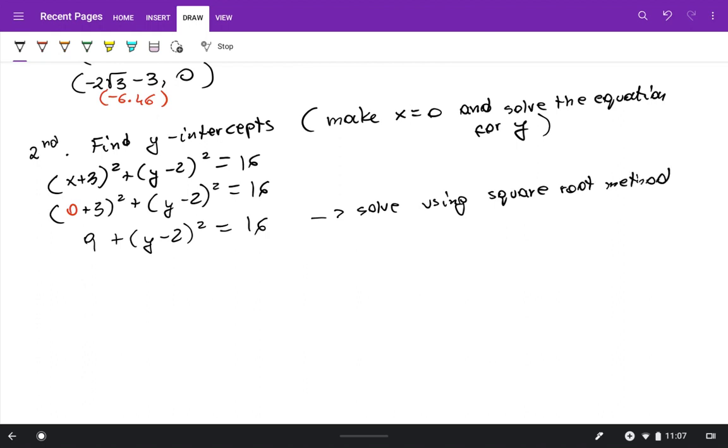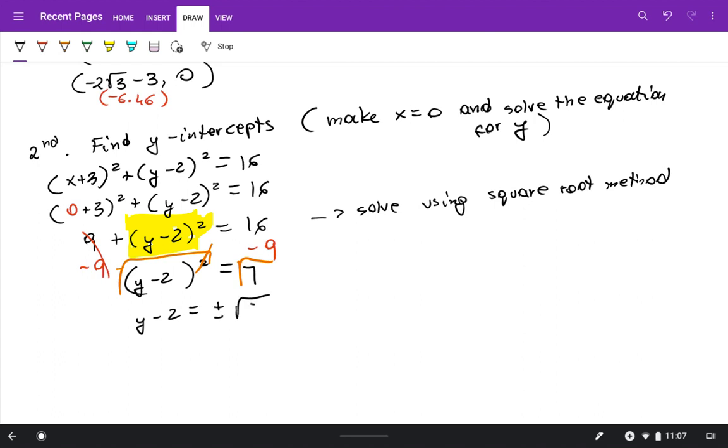We keep the perfect square on the left side, so we're going to subtract 9 from both sides, cancel, and we end up with (y − 2)² = 16 − 9, which is 7. And now we just have to take the square root of both sides. So that cancels, and we end up with y − 2 = ± √7.